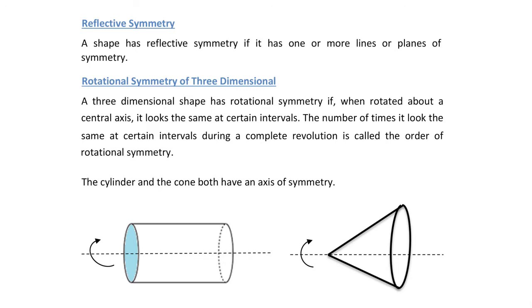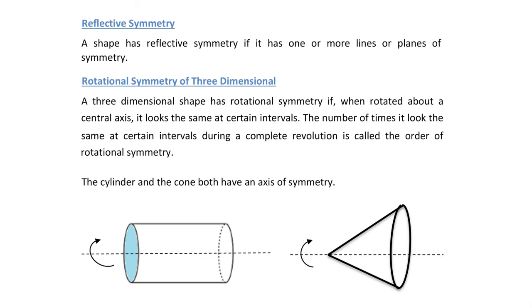The cylinder and the cone both have an axis of symmetry. So look at the screen. You can see the cylinder and you can see the axis of symmetry, the line of symmetry, and also for the cone. Next, a prism whose cross-section is a regular n-sided polygon has order of rotational symmetry of order n.